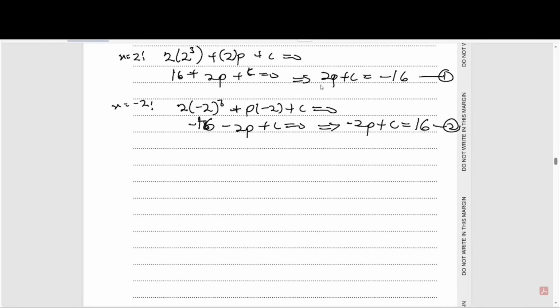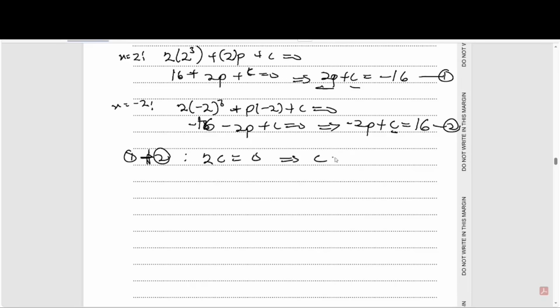And it's easy because 2p is positive over here and negative here. So we just need to add equation 1 and equation 2. Equation 1 plus equation 2: 2p plus -2p is 0, c plus c is 2c, then -16 plus 16 is 0.